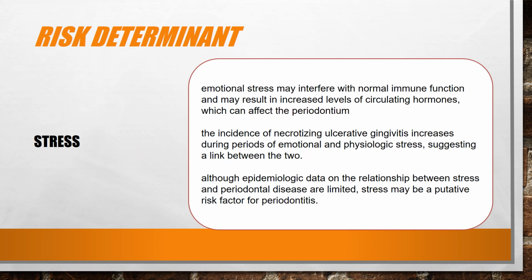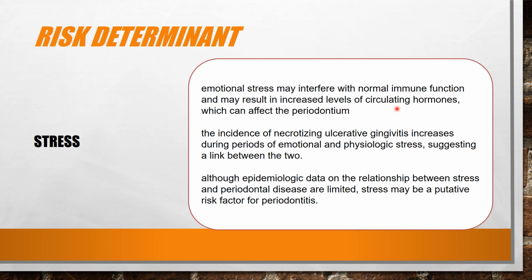Coming to the next risk determinant, that is stress. Emotional stress may interfere with normal immune function. As you know, when there is stress, it produces hormones like cortisol, which acts as an anti-inflammatory agent. It also leads to the stimulation of mast cells to produce some proteins, which will increase inflammation.